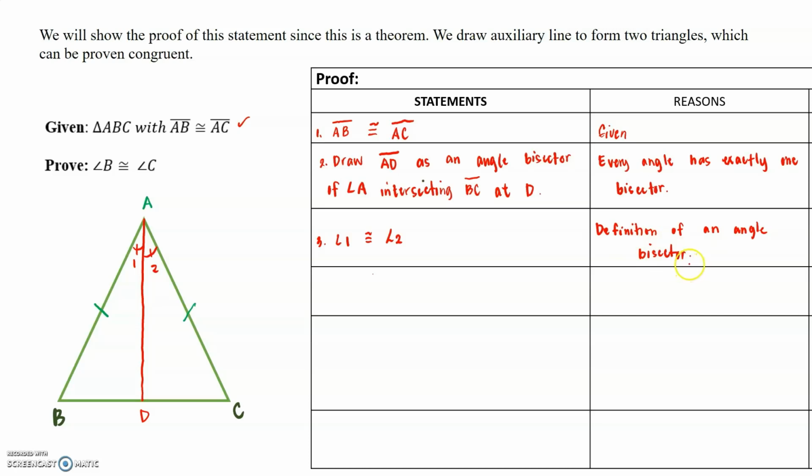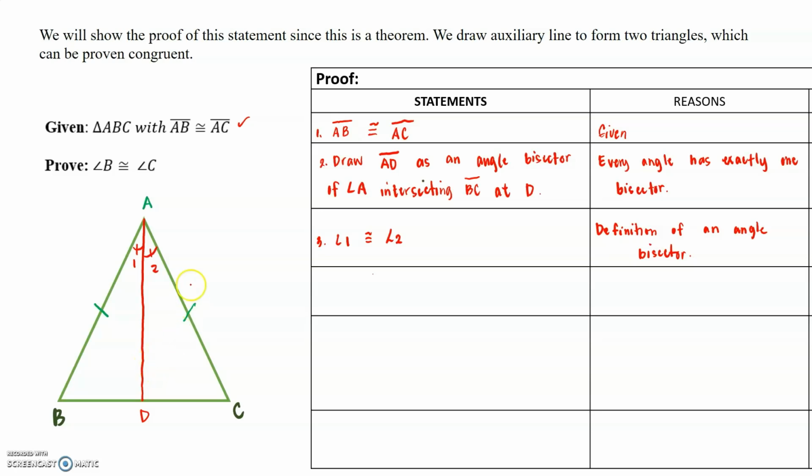Okay? Now, look at our figure now. We have already formed two triangles, right? We have triangle ABD and triangle ACD. Looking at the two formed triangles here, is there a common side?